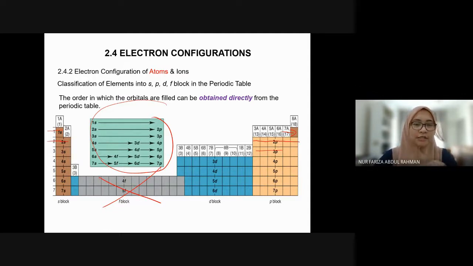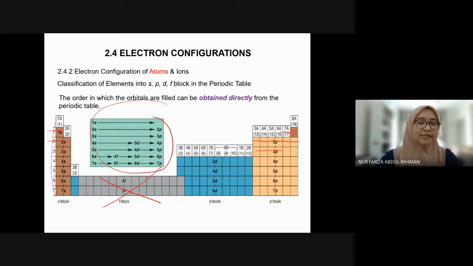So the periodic table is arranged based on the electron configuration, guys. Dia bukan suka-suka je dia arrange macam tu. So those based on group, group 1. Kenapa dia group 1? Because all the elements in the group have the same valence electron, which is 1.